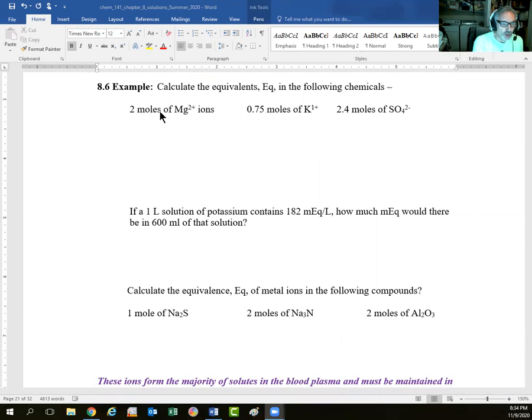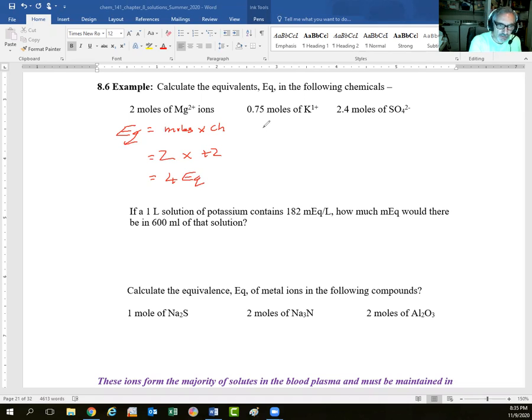So we've got 2 moles of magnesium ions. Remember, for the equivalent, it's equal to the number of moles multiplied by that charge. So 2 moles times that plus 2, that gives us 4 equivalents of magnesium ions.